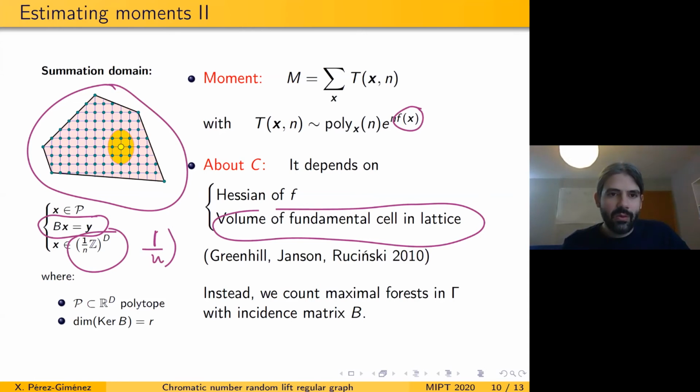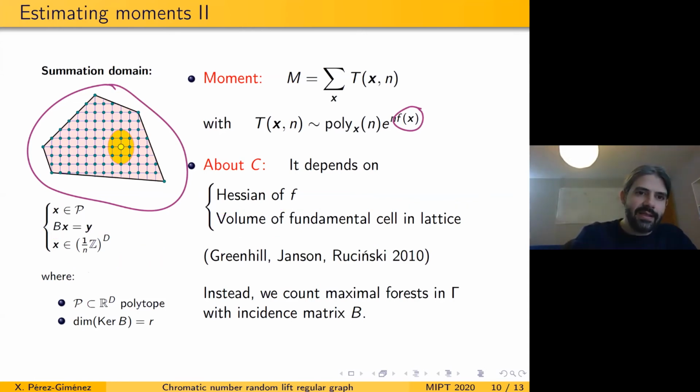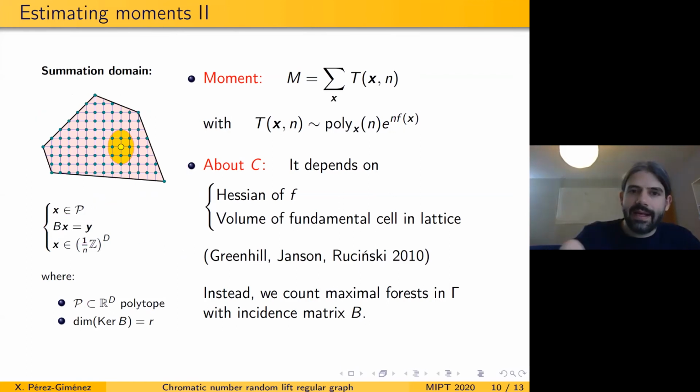However, we are slicing this by an affine space, so in the resulting polytope, the lattice now looks lopsided. The cells are not these nice cubes, but the fundamental cells look complicated. That involves some algebra that comes from understanding what the domain of summation is.